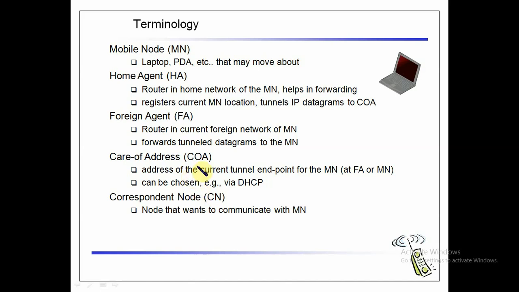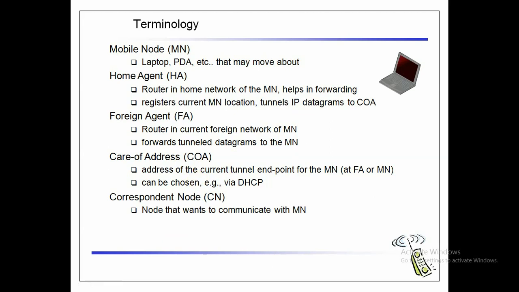The COA, that is the care of address. The care of address defines the current location of the mobile node from the IP point of view. All IP packets sent to the mobile node are delivered to the care of address. There are also different care of addresses: the foreign agent COA and the co-located COA.